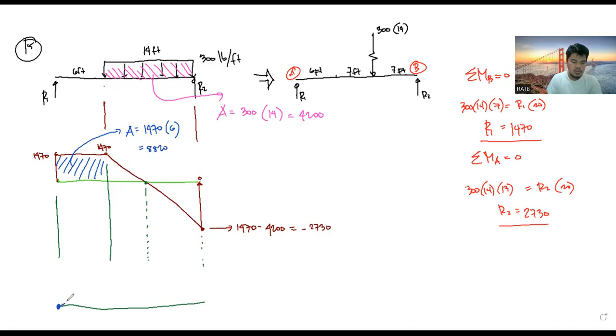So 0 plus 8820. You may also have this reference straight line, so this is 8820. And then you consider the second section area, this one.